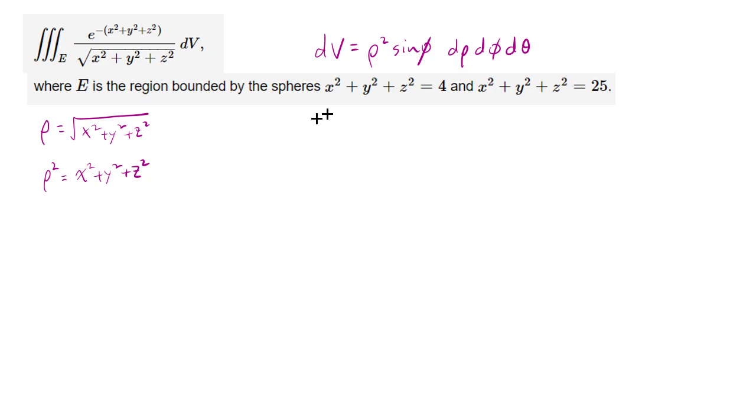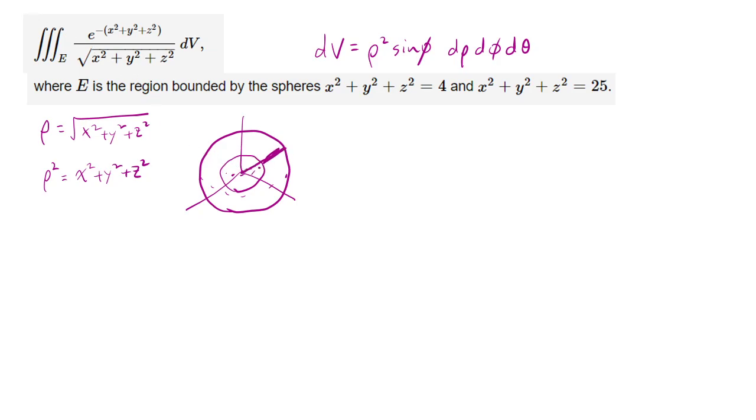And now let's think about how one would paint this region where it's a sphere. You have a small sphere and a bigger sphere. They're both spheres like this. And having d rho inside means that you start from the origin and you start painting outwards. But over here you don't paint, you only paint this much.